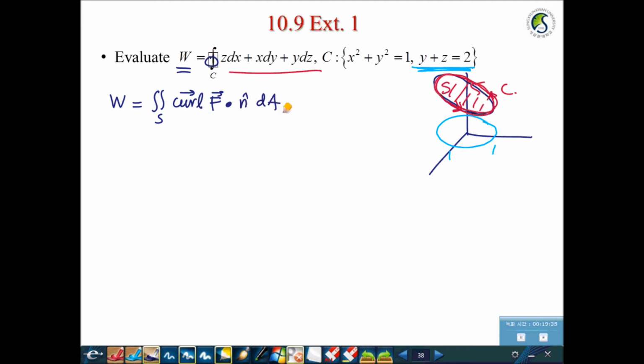Okay? And then since the surface is slanted, we'd better parameterize it, right? It's not easy to evaluate otherwise.